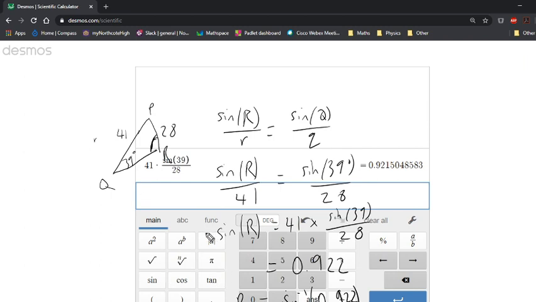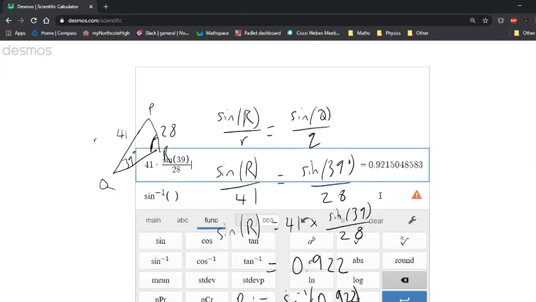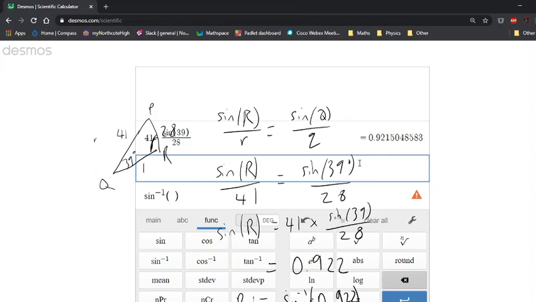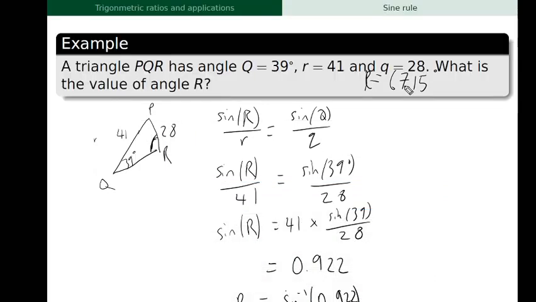Let's go back to the scientific calculator and see if we can do inverse sine on this. Function, inverse sine. Nope. I'll just copy and paste. And we get 67.147. So R is equal to 67.15, let's call it, degrees.